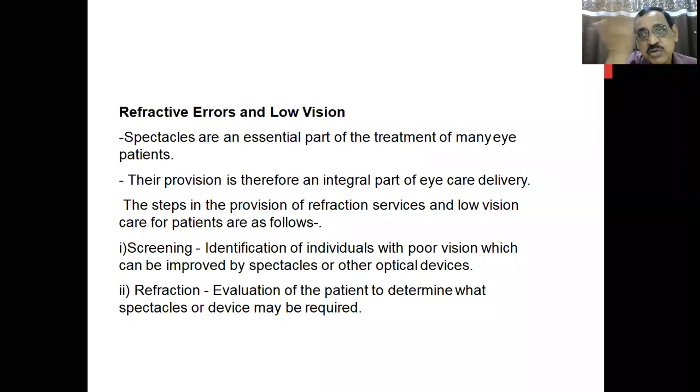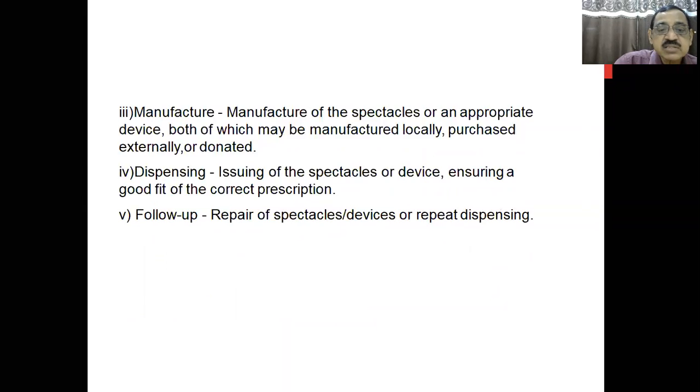In such cases, we can do refraction and correct for distance and also near vision. In school health services, we do the routine vision examination, and if they have a problem, we prescribe glasses. In refraction, we evaluate the patient to determine whether they are hypermetropic, myopic, or astigmatic. Depending upon the type of refraction, we prescribe the glasses.